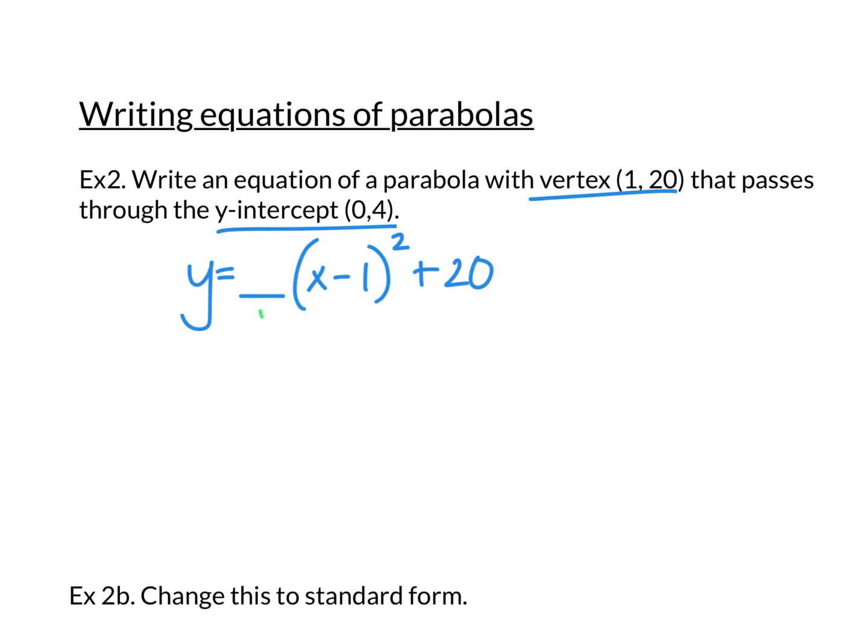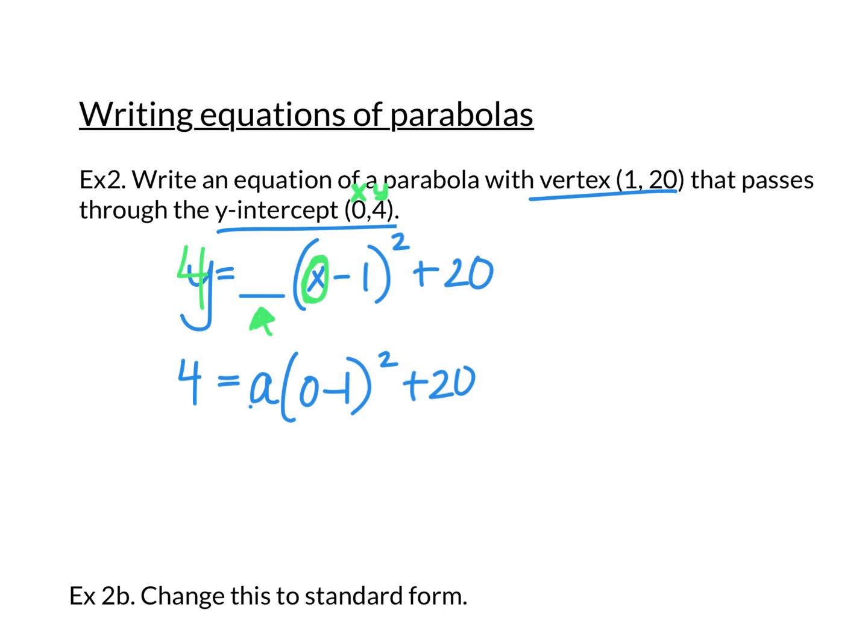Now, the problem is I need to know what is in this spot right here. To do that, notice they've given me the y-intercept, which has an x and a y value. The x value is 0, and the y value is 4. Let me rewrite that on a new line. I have this equation, 4 equals some unknown, which we're going to call a, because that's what the format calls it, times (0 minus 1) squared plus 20.